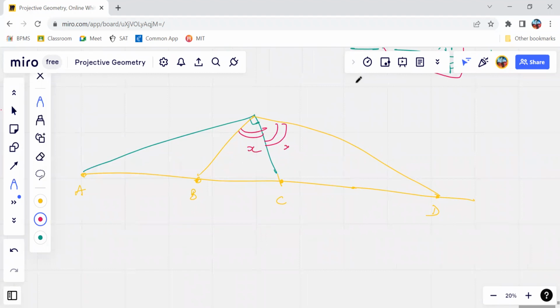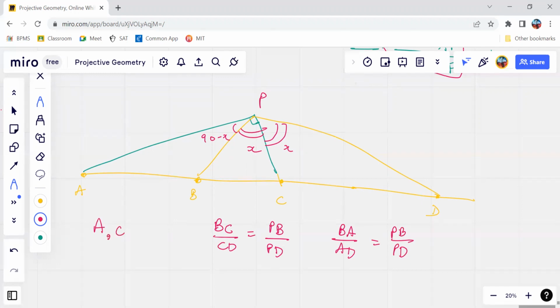Suppose this angle is x, then this is 90 minus x. And so you can just do BC by CD. This is P. This is the angle bisector, so it's just equal to PB by PD. And you know that BA by AD, because sine of 90 minus x and sine of 90 plus x are equal, they add to 180, so that also is equal to PB by PD.